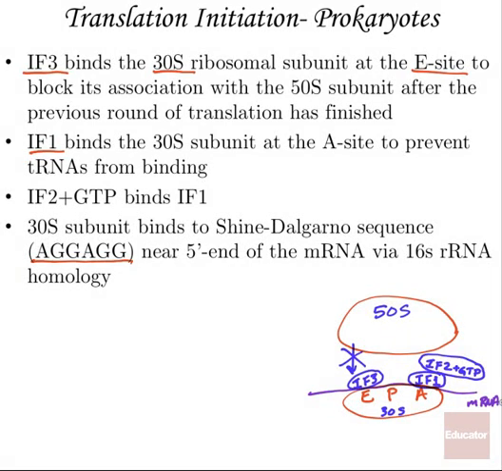And the Shine-Dalgarno sequence has homology to the 16S rRNA that is found in the 30S subunit. So we have the 16S rRNA.